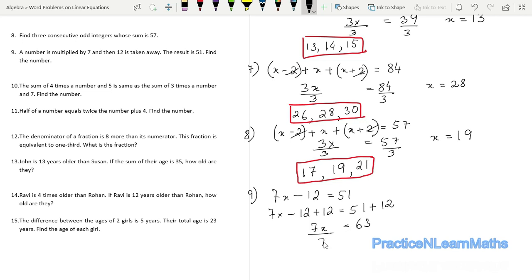Divide both sides by 7. We get x is equal to 9. So, that's the answer.